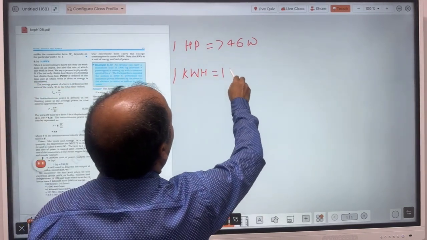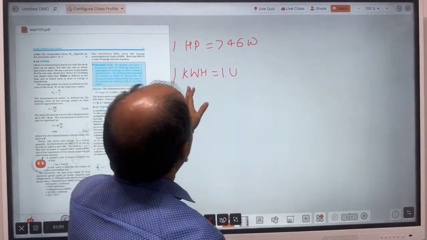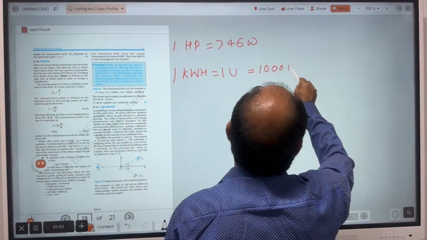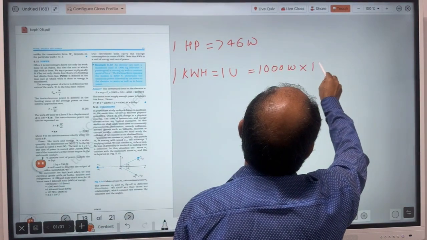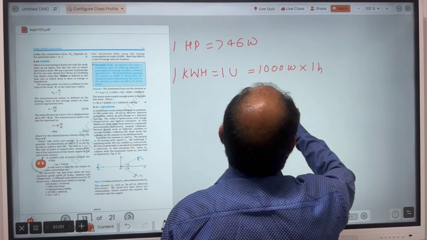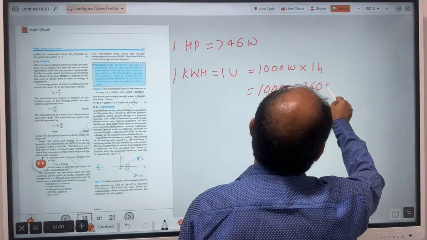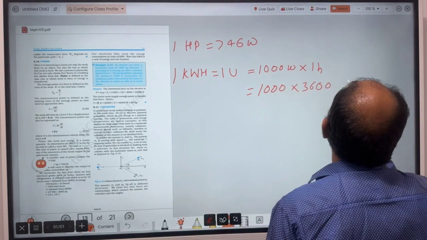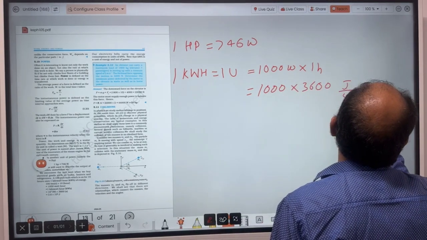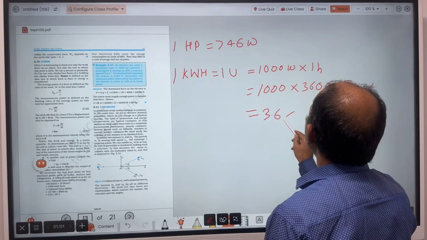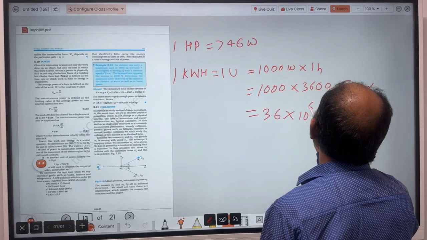So this is equal to 1 unit, which is also called the commercial unit. It is equal to 1000 watt multiplied by 1 hour. So we can say it is 1000 and this is 3600, and we write the units. Watt is joule per second into second. Second will cancel out and we will get 3.6 into 10 to the power 6 joule.